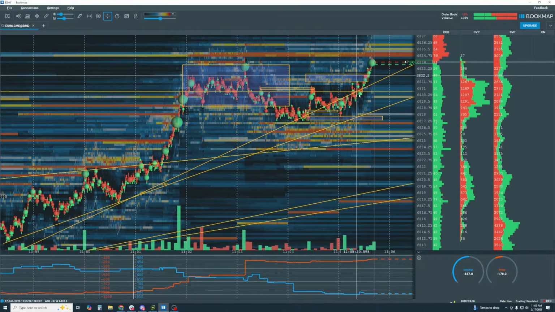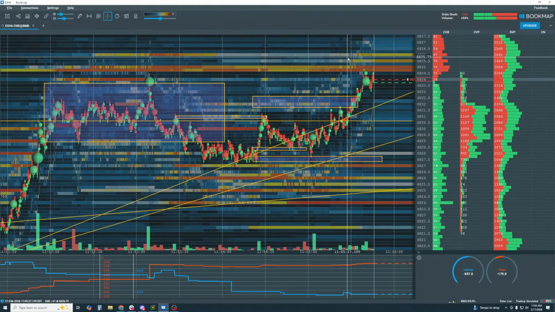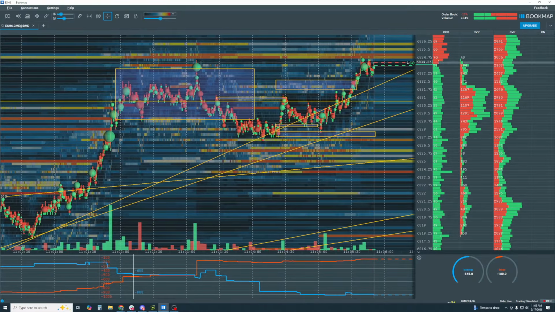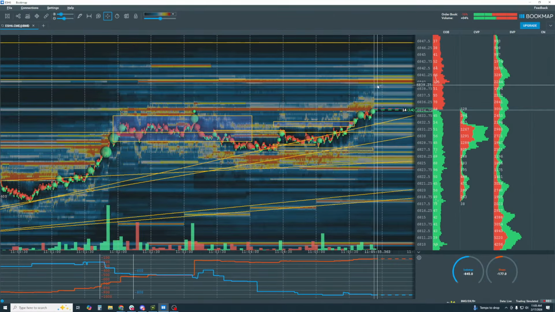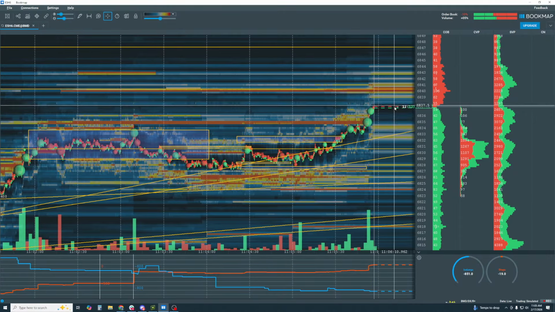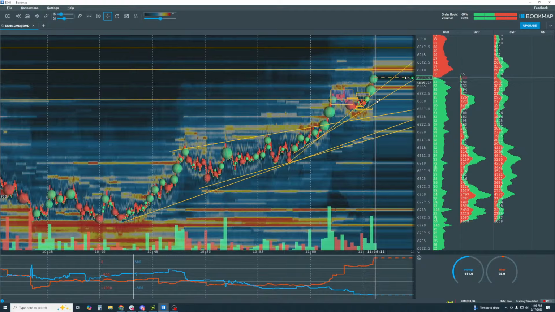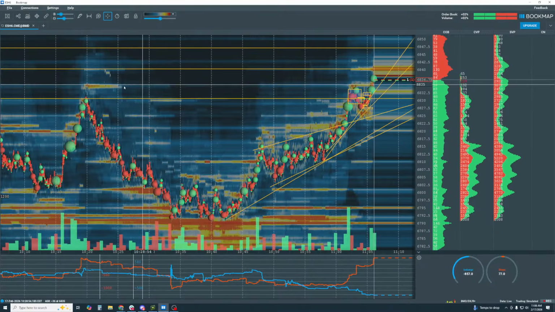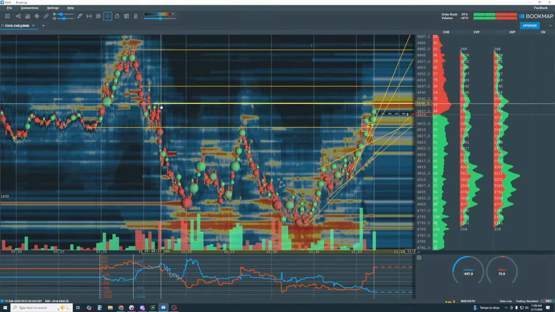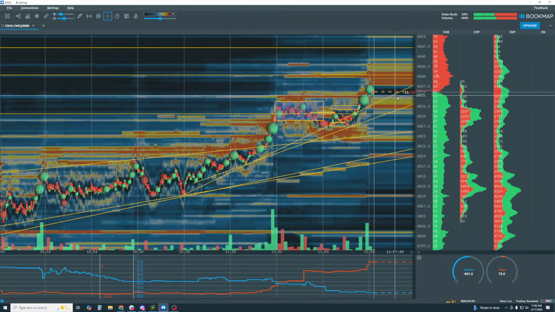It's just squeezing higher here. Wow, nice squeeze. All right, so now we're coming up to our next level here at 40.